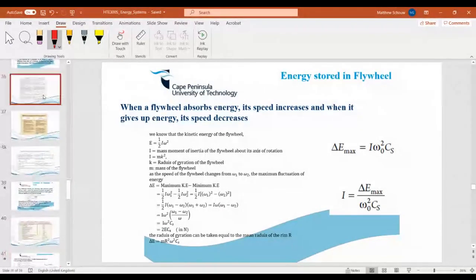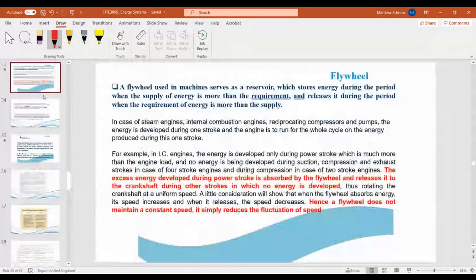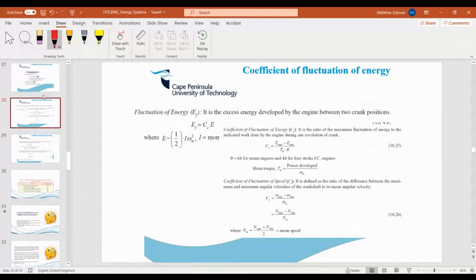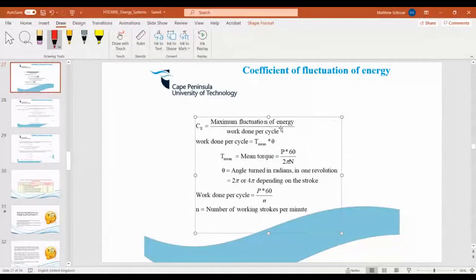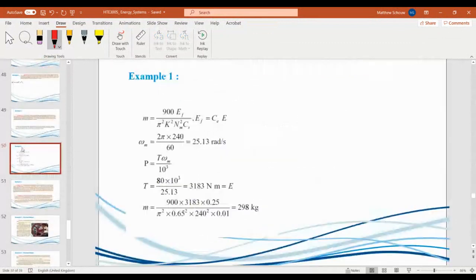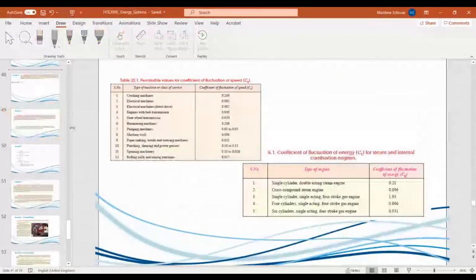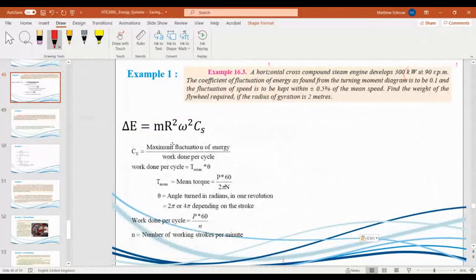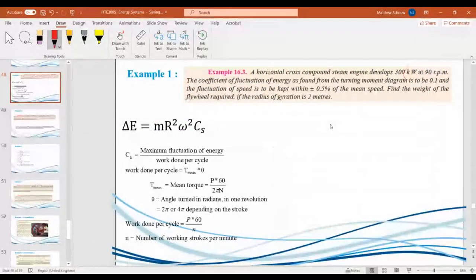Where is my delta E? I'm just putting it there so you can actually see it. I'm going to copy this as well. This is like a basic mathematical problem, which is very uncommon in terms of assessment, but I'm just showing you so that you know.